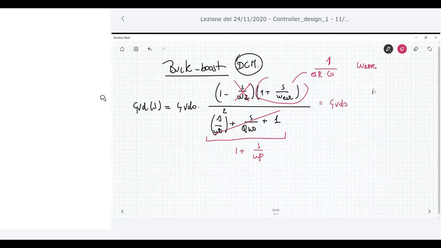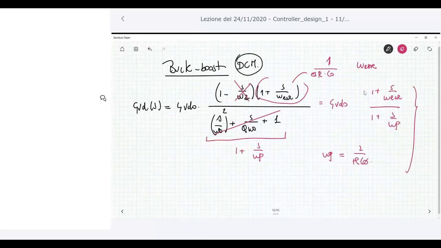It's GVD times 1 plus S over omega ESR divided by 1 plus S over omega P. And omega P for the buck boost is 2 divided by R C naught.